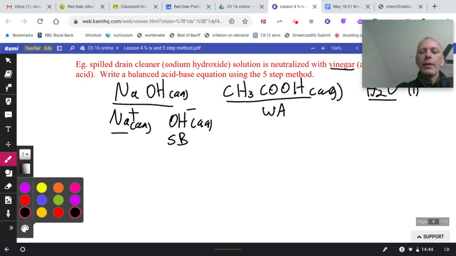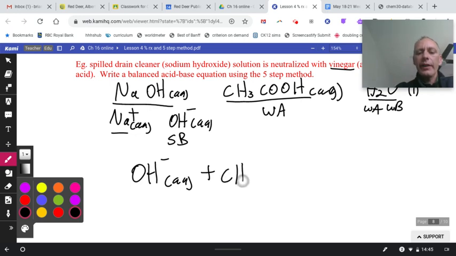Okay, so strongest base, hydroxide, reacts with our strongest acid, and we only have 2, water and acetic acid, and acetic acid is stronger. Acid donates a proton to the base, so you can predict the products.